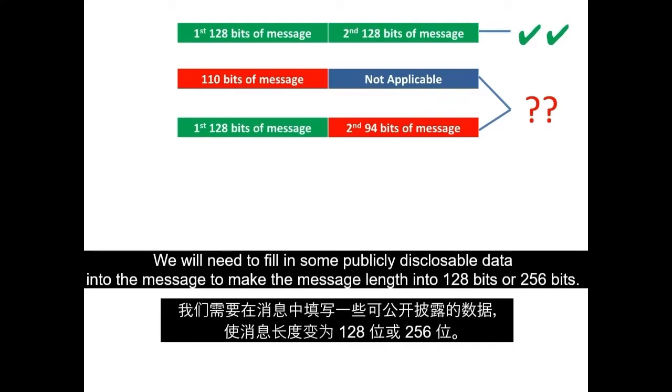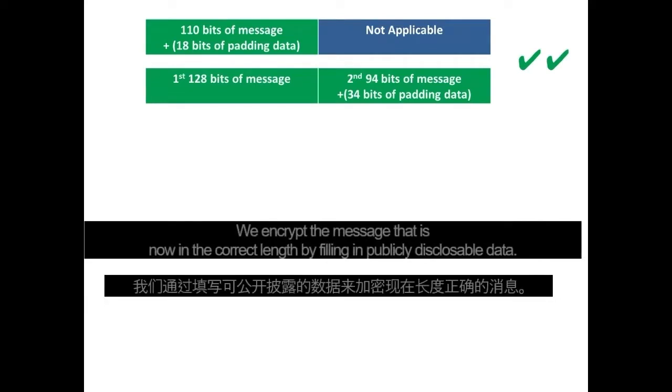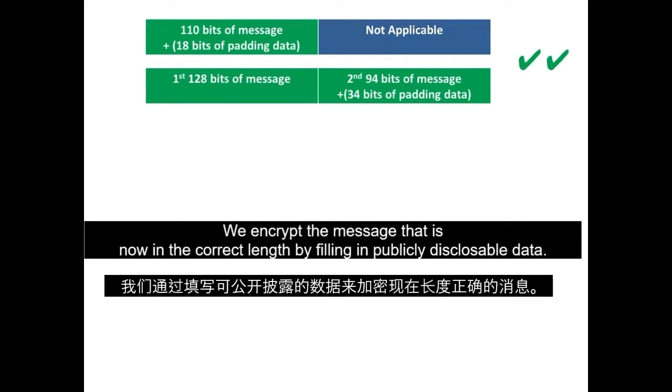We will need to fill in some publicly disclosable data into the message to make the message length into 128 bits or 256 bits. We encrypt the message that is now in the correct length by filling in publicly disclosable data.